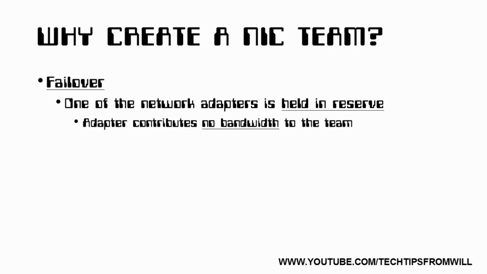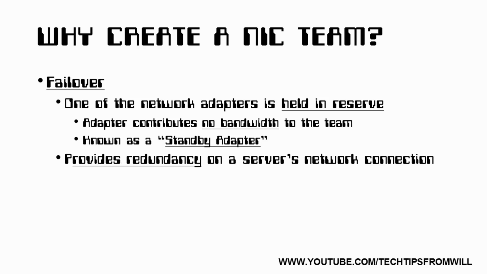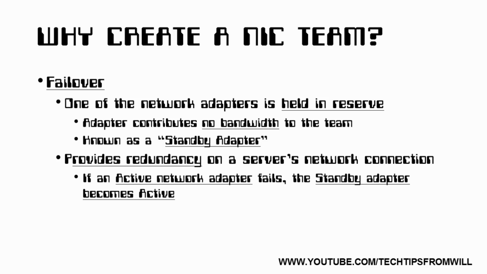The reserve adapter is known as a standby adapter. The point of failover is to give you redundancy on your server's network connection. That is, if one of the active adapters in the NIC team were to fail, the standby adapter will become active and will take the place of the failed adapter.